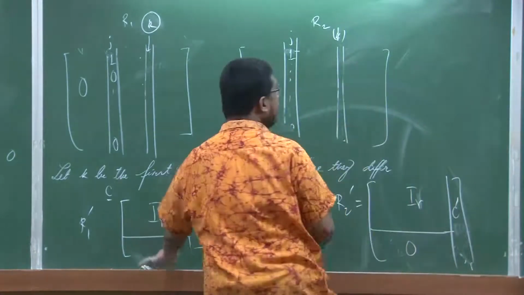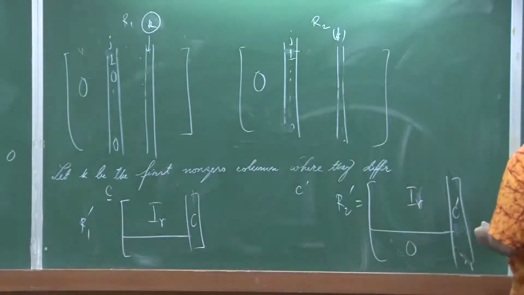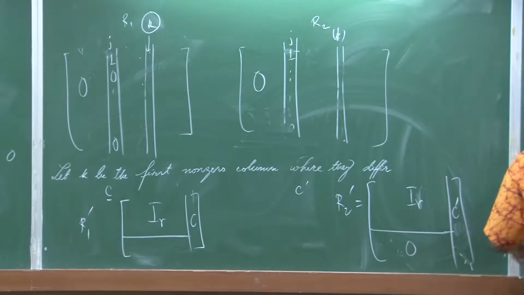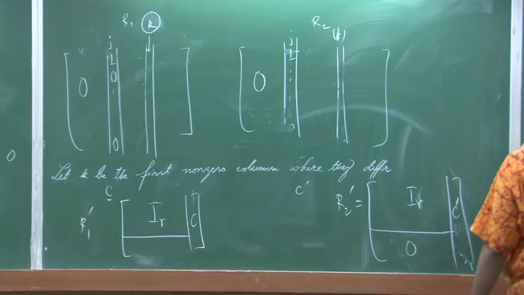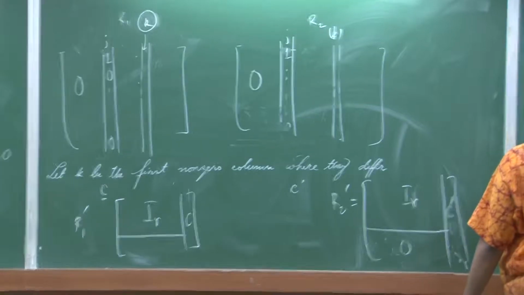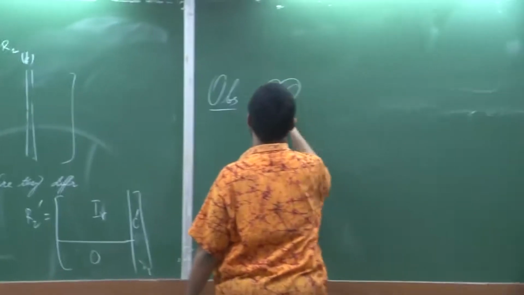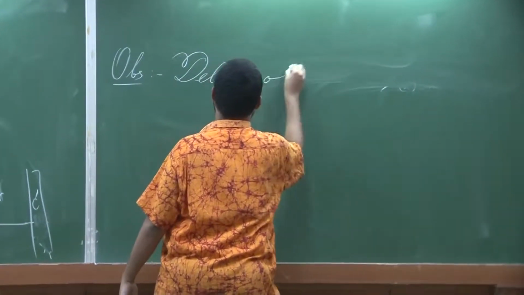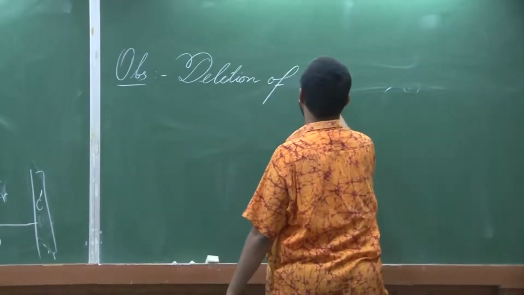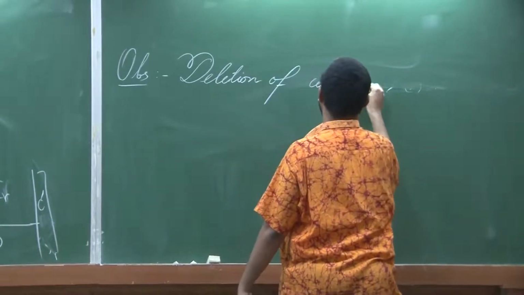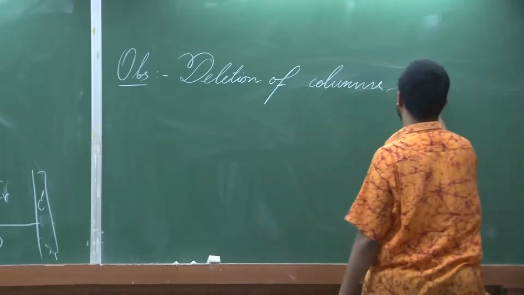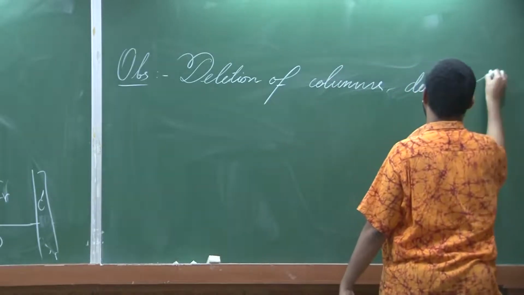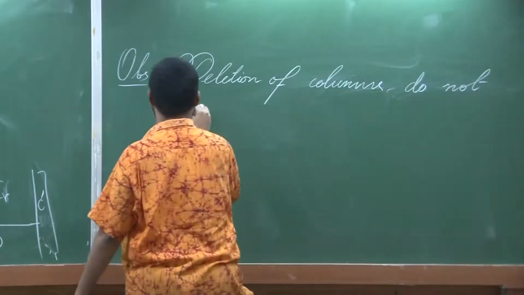Observe that deletion of columns does not affect row equivalence. So, this is the main observation: deletion of columns does not affect row equivalence.